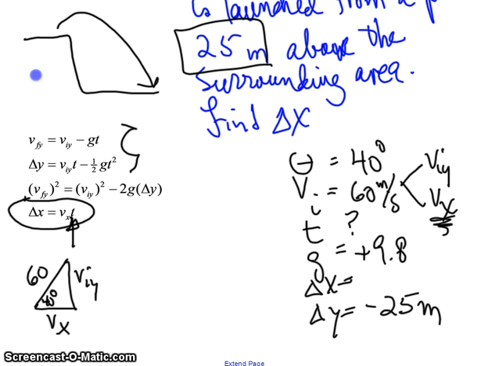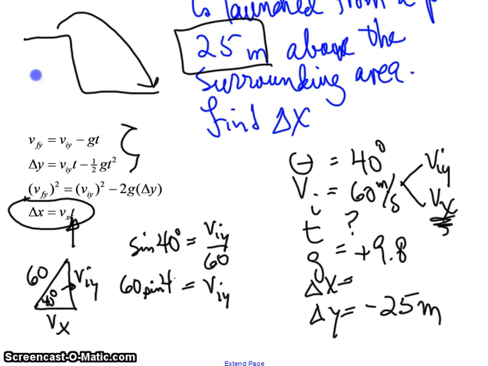So the sine of 40 is the opposite over the hypotenuse. So sine 40 degrees equals the opposite over the hypotenuse, which is 60. So v initial y equals, multiply both sides by 60, you get 60 sine 40. You must be sure you're in degrees when you solve this.